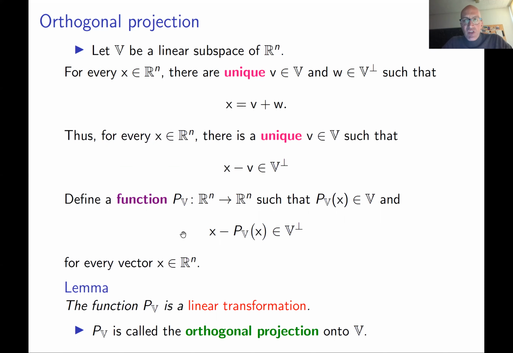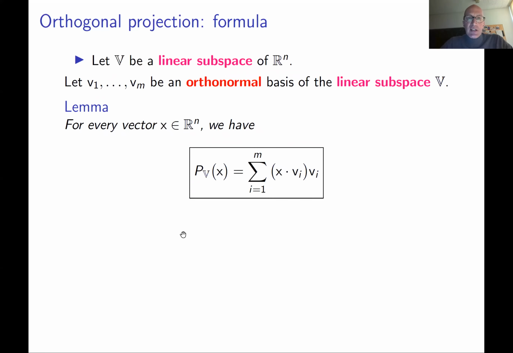Okay, there is another proof of this lemma, which follows from the explicit formula for orthogonal projection, which we're going to give on the next slide. This formula may look familiar to you because implicitly we already met it in lecture 2. Let's take a look at this formula.